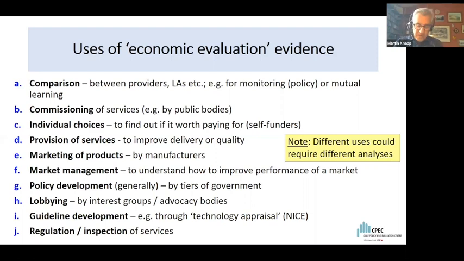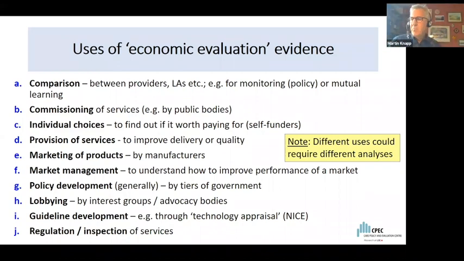So a piece of research, for example, that might be done to address the first need there, comparison between different providers or between local authorities or for monitoring policy and so on, for that use, it may be that we need one particular type of evaluation or type of evidence, but for a different use, down there, point E, marketing of products, for example, by manufacturers, that might require a different type of evidence.